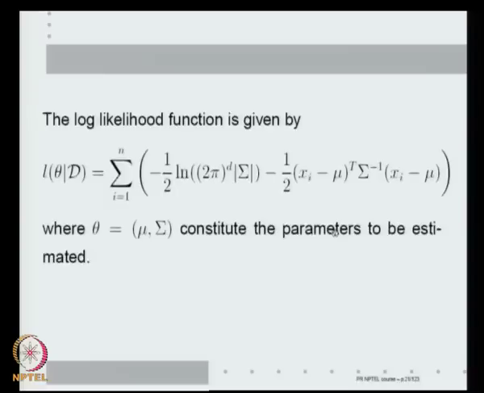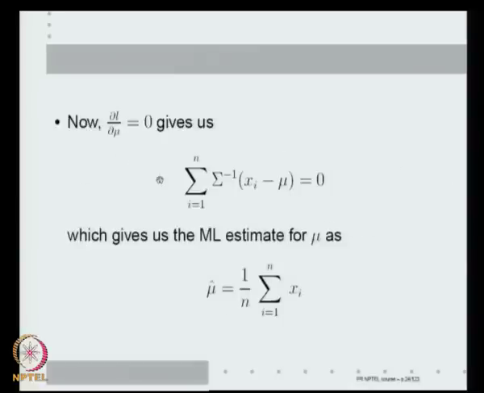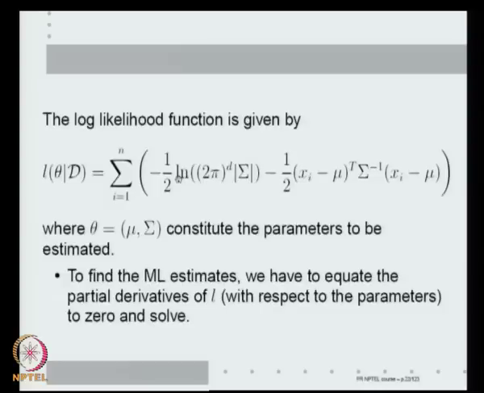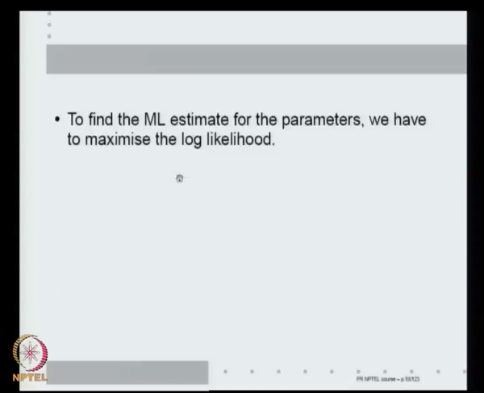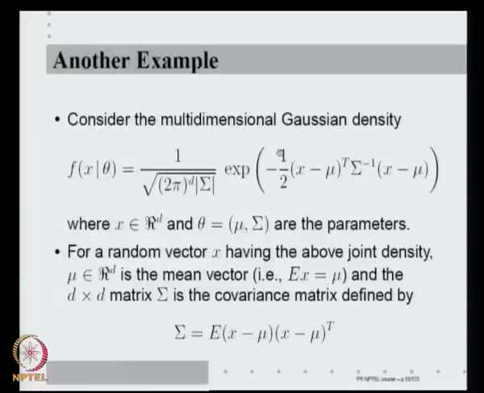So, if I take the log likelihood, I get summation i equal to 1 to n. I have to take log of this. So, log of this will give me log of this term, that is minus half ln of 2 pi to the power d into determinant of sigma. Log of this term will be simply minus half into that quadratic form.